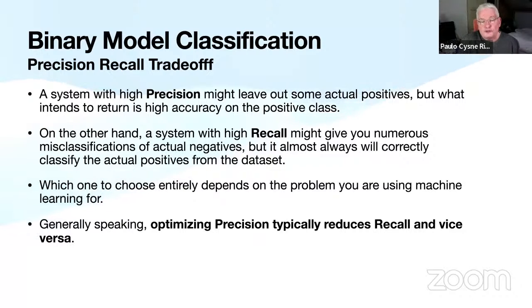Which one to choose, whether you want high recall or high precision, depends on the problem that you are solving. Generally speaking, optimizing precision typically reduces recall and vice versa. And you are going to find the best balance using the optimal threshold of precision and recall.